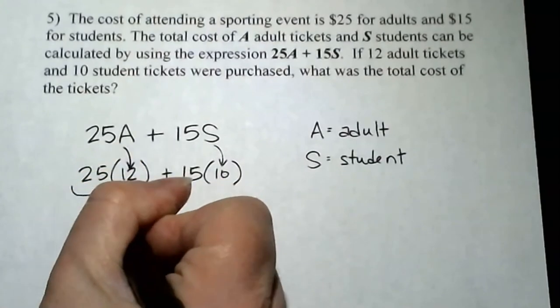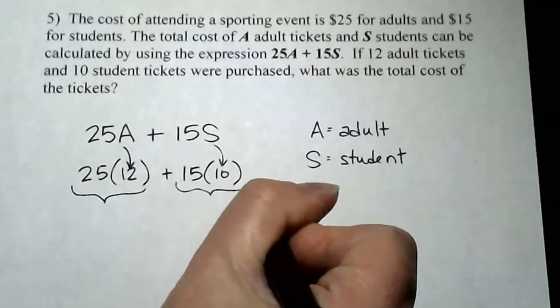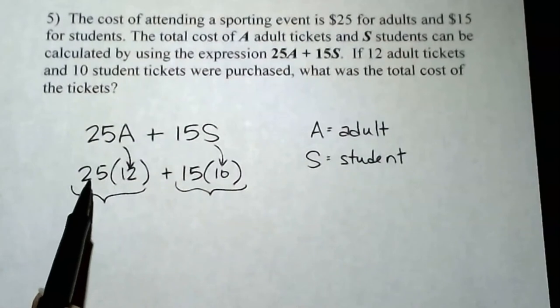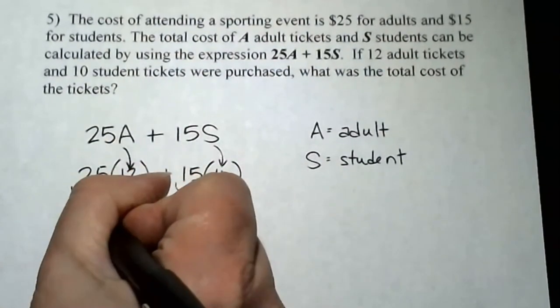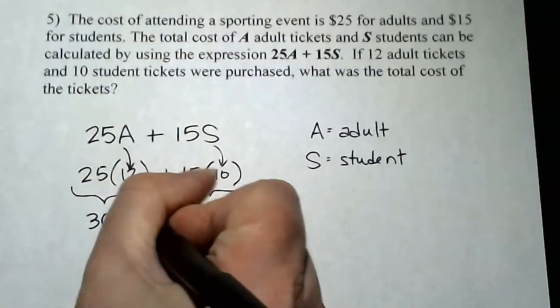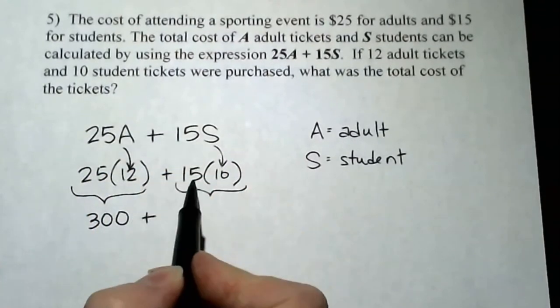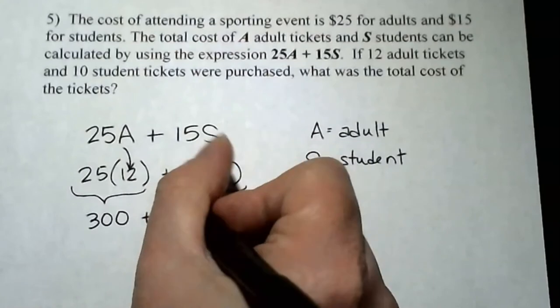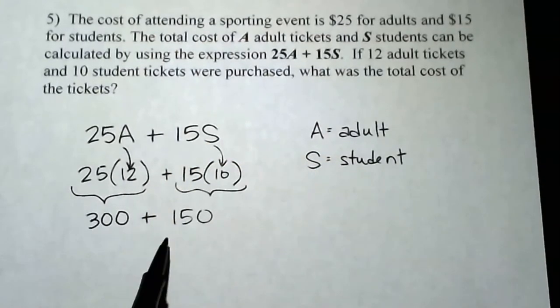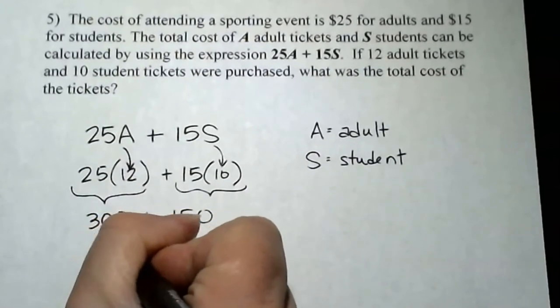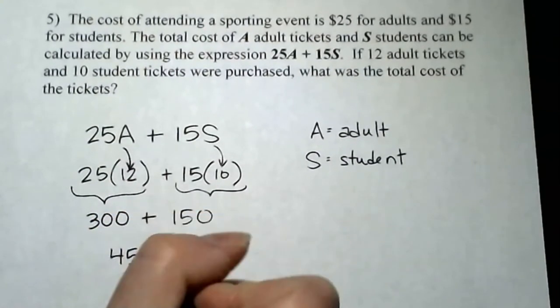So I see multiplication right here and here, so I'm going to multiply that first. 25 times 12 is 300, and 15 times 10 is 150. So add that up, and it's $450.